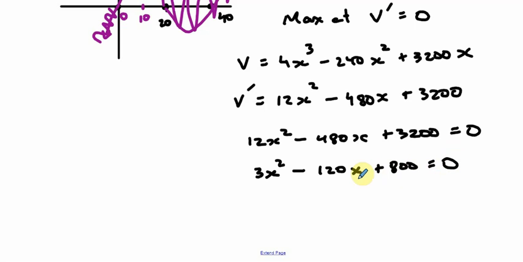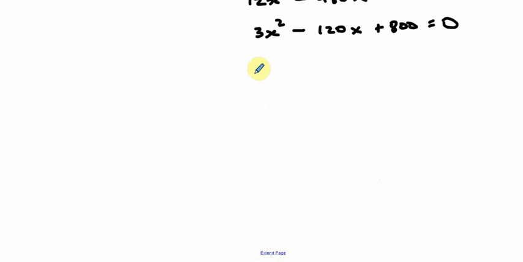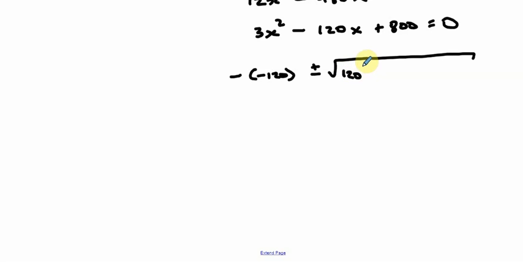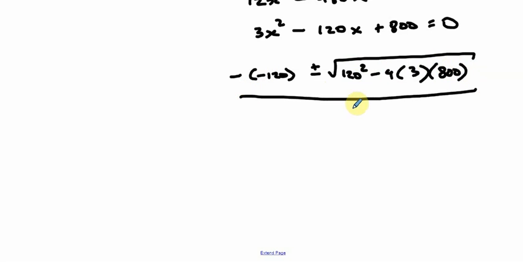Now I went to try to solve this, and I found that the only way to solve this equation was through use of the quadratic formula. So that's what I did. You would have your negative b plus or minus the square root of, big mess in here, the 120 squared, so b squared minus 4 times a times c, all over 2 times a.